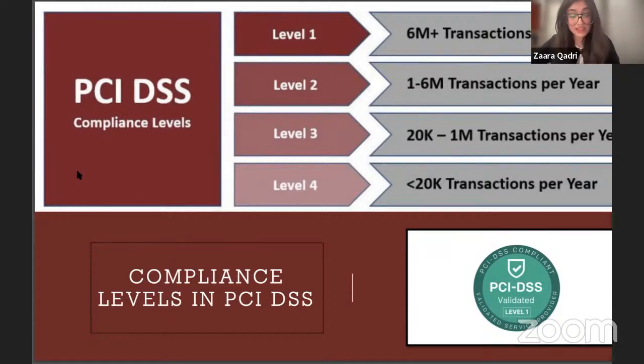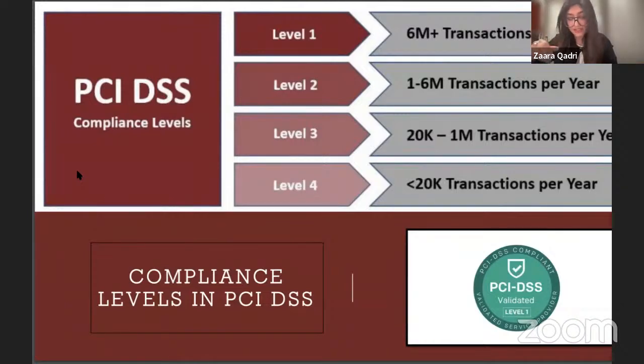To qualify as a level 1 merchant, you must process over 6 million transactions annually or be a company that has experienced a significant data breach, because then you also have to comply with level 1. So what does it mean to be level 1? It comes with very, very stringent requirements.